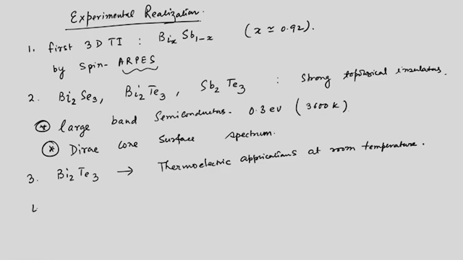And in addition to that, there is Cu(x)Bi2Se3, which is a non-stoichiometric compound.